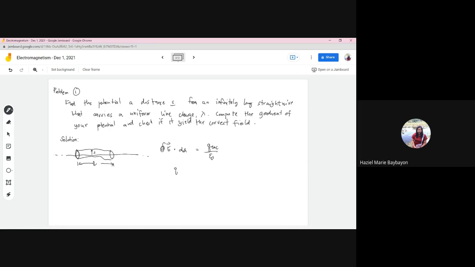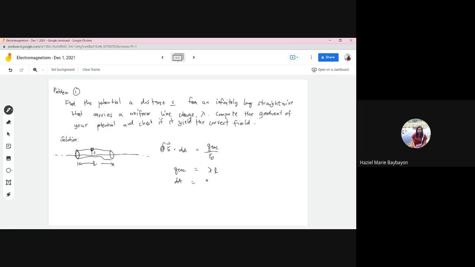Here, our Q enclosed, since it has a uniform line charge, is just equal to lambda multiplied by the length of the wire. Okay? And then the length of the Gaussian surface. And then your dA, here. So this is our surface. So s is constant. s is constant.